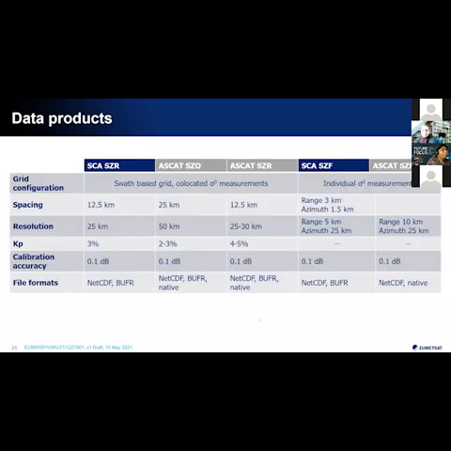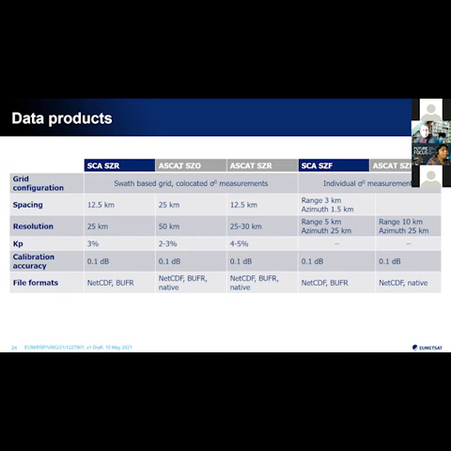So this is to answer your question. This is a comparison of the data products. So you can see the SCA products in comparison to the heritage ASCAT products. So for SCA we have the gridded products.